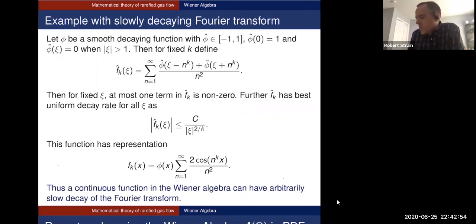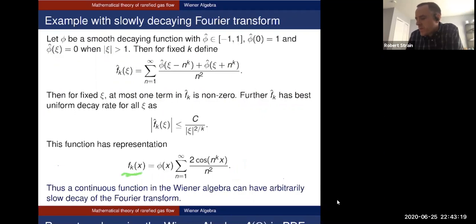And for this function, you can use Fourier inversion, and you get that f of x is phi of x times the sum from n equals 1 to infinity of 2 times cosine of n^k x over n squared. This phi can be a very nice function, but this convergent infinite series is nowhere differentiable.